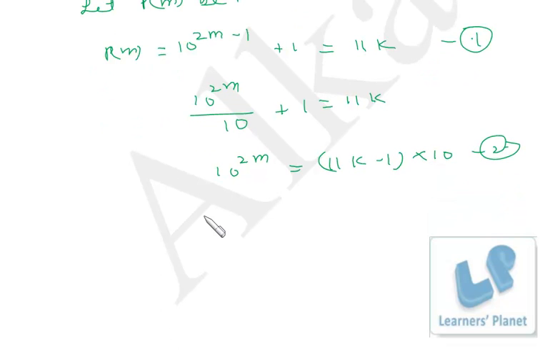Now we have to prove Pm plus 1 is also true. So Pm plus 1 means 10 to the power 2m plus 1 minus 1 plus 1. It is also divisible by 11, that we have to prove.